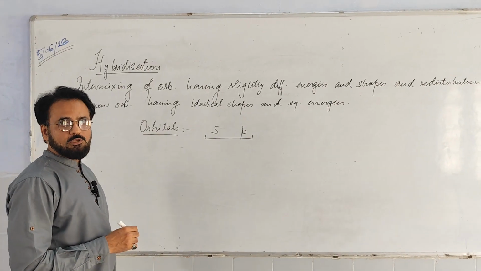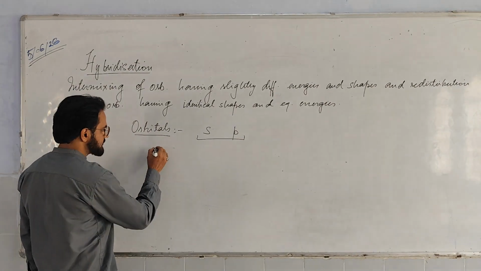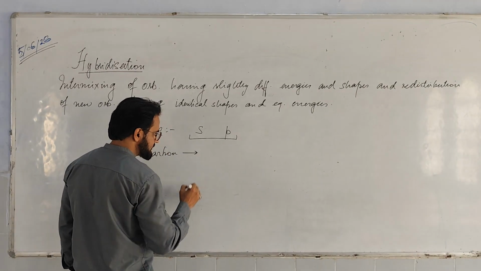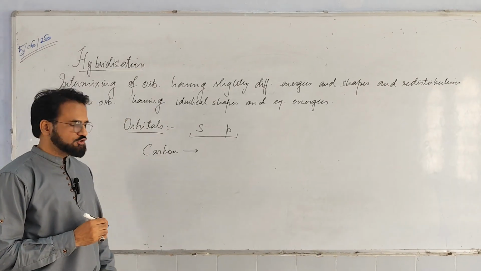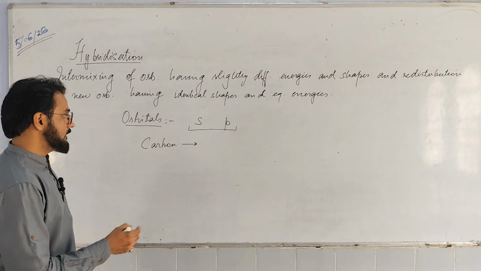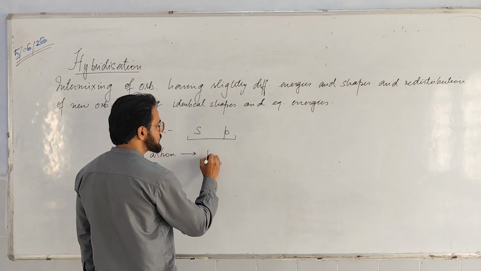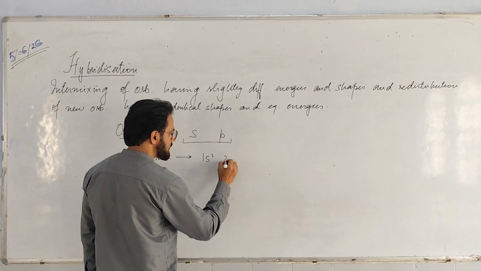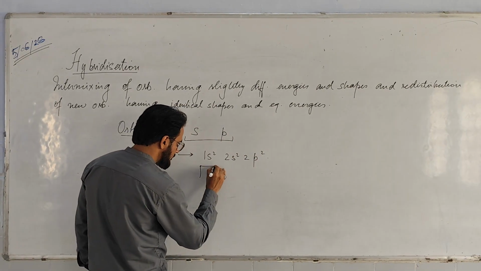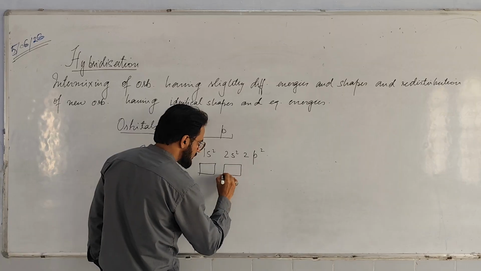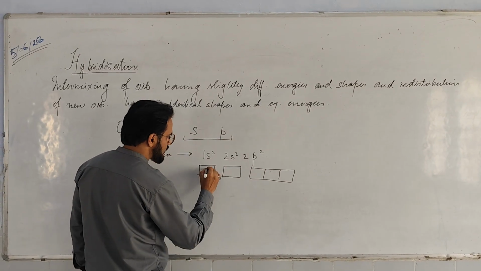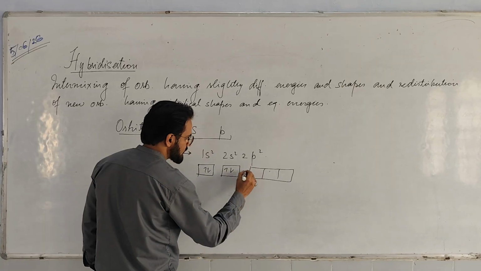For that we are going to take the example of the carbon atom. You know that carbon has a special property called catenation and carbon is tetravalent. But if we see the electronic configuration of carbon, there are only two unpaired electrons for bond formation.